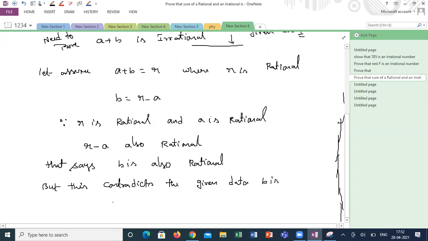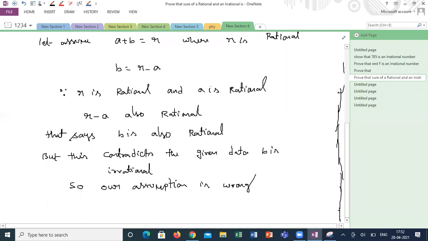B is irrational. So our assumption is wrong.